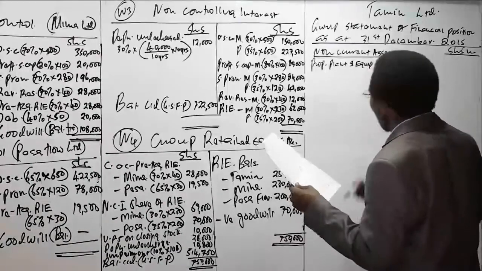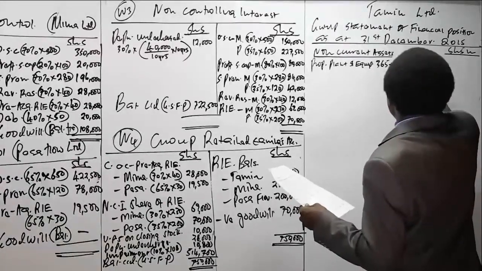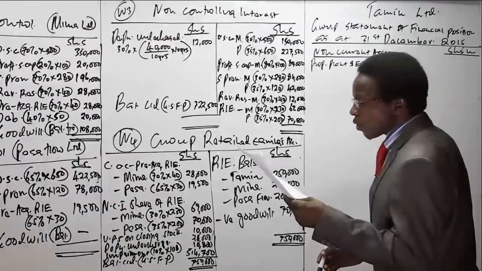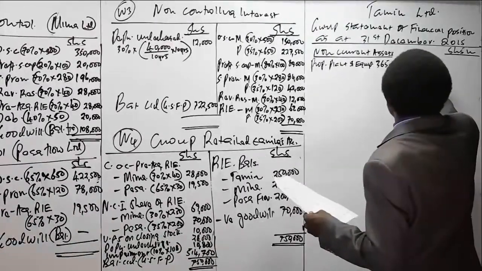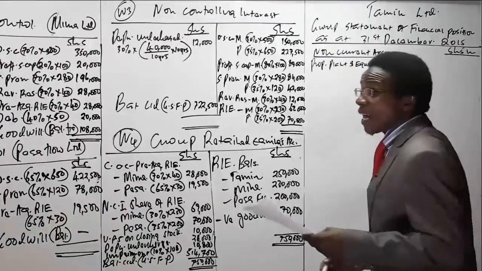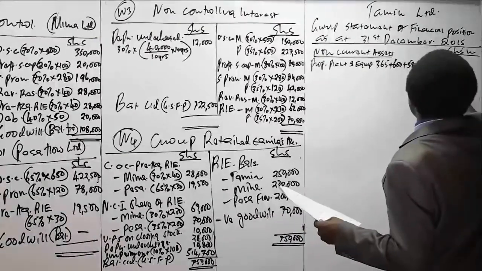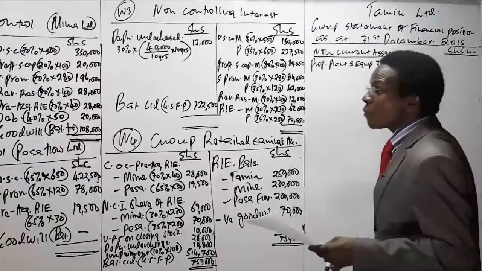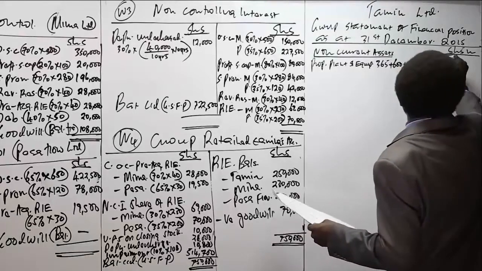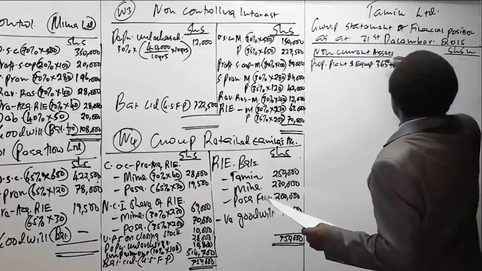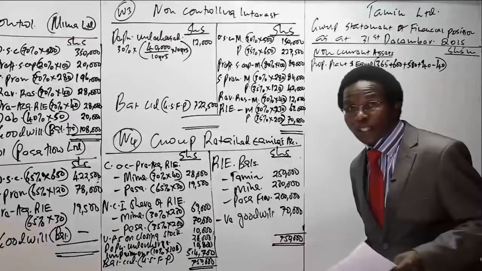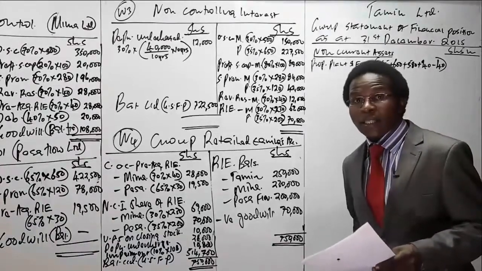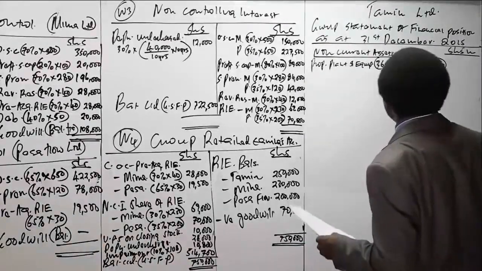We have for Mima 600. Remember, PesaFlow is a group member, so 580. We had a revaluation surplus of 40. We have a depreciation undercharge of 40. That is very interesting: the total depreciation undercharge was 40 and the revaluation surplus was 40.